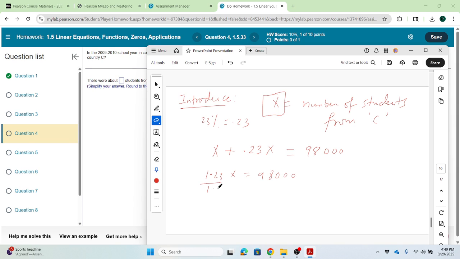To find the value of x, you can divide both sides by 1.23. In front of x there is nothing, that means there is a 1. That's why 1x plus 0.23x is 1.23. So now just divide 98,000 by 1.23.